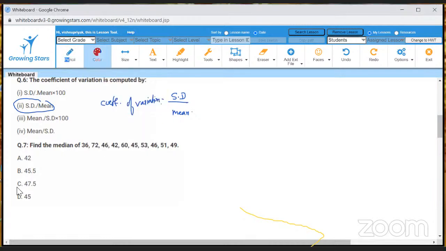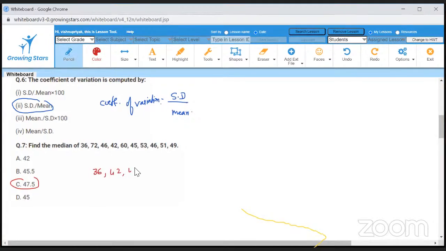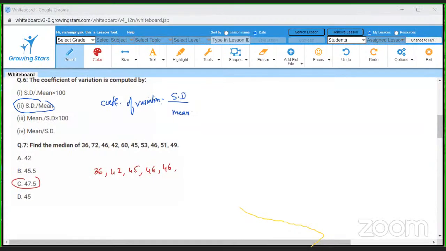First, you have to arrange in increasing or decreasing order. So I will arrange in increasing order: 36, 42, 45, 46, 46, 49, 51, 53, 60 and 72.